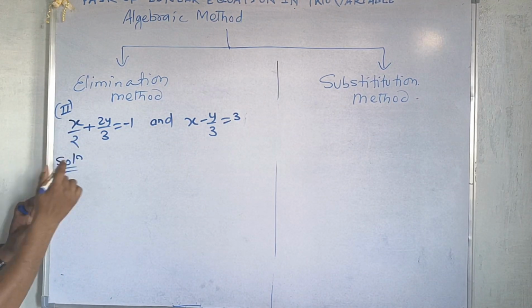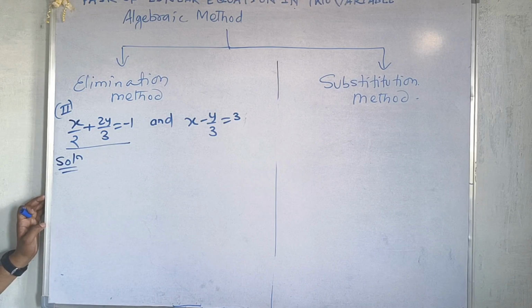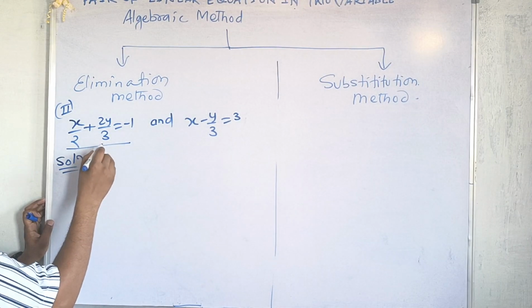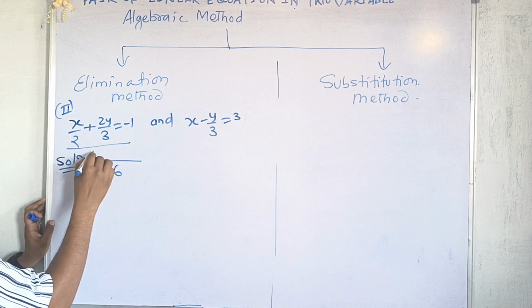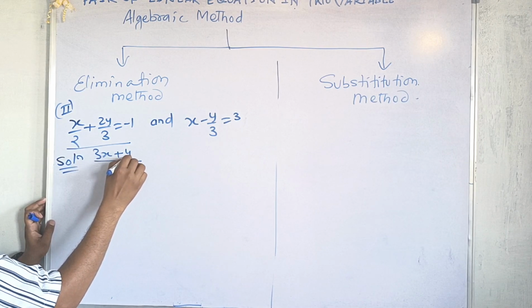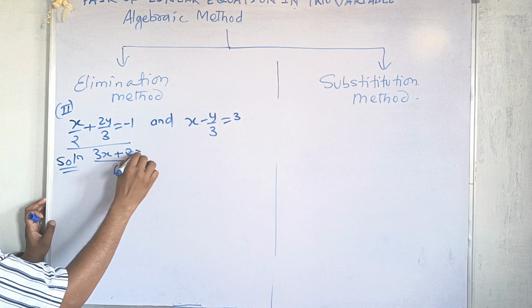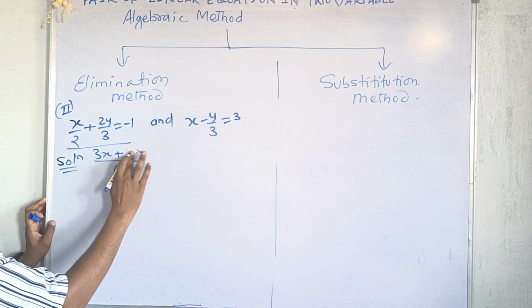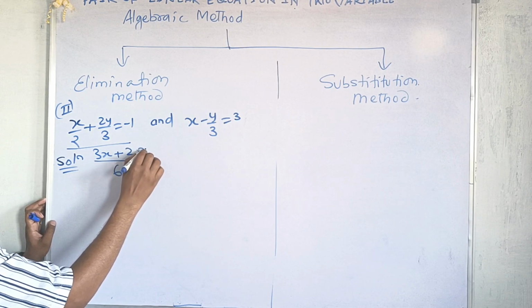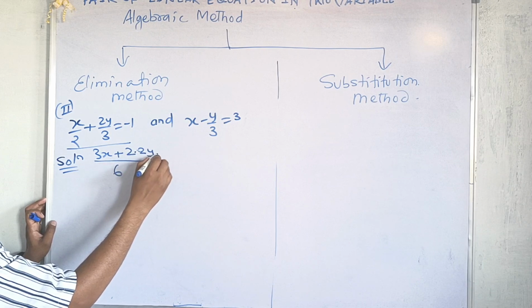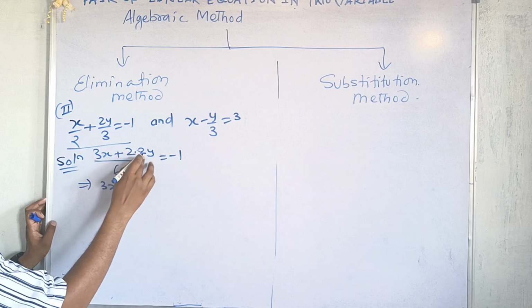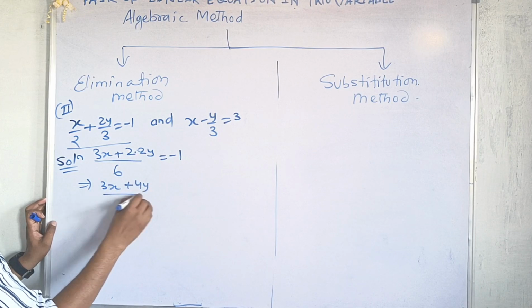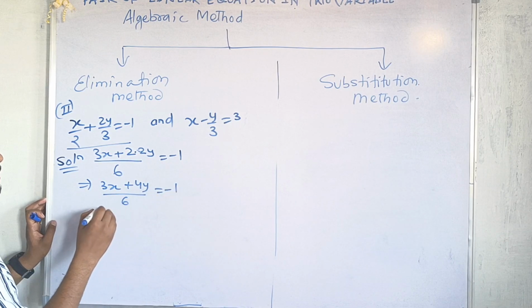Here, this given expression can be rewritten by taking the LCM. The LCM of 2 and 3 is 6, so this will be 3x plus 2 into 2y is equal to minus 1. 3x plus 2 into 2 is 4y, divided by 6, which is equal to minus 1.